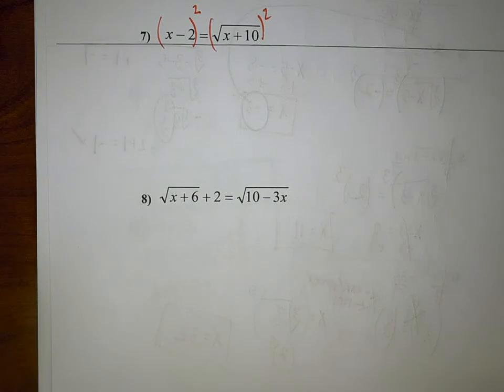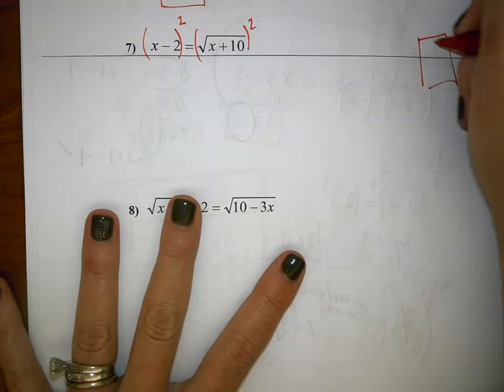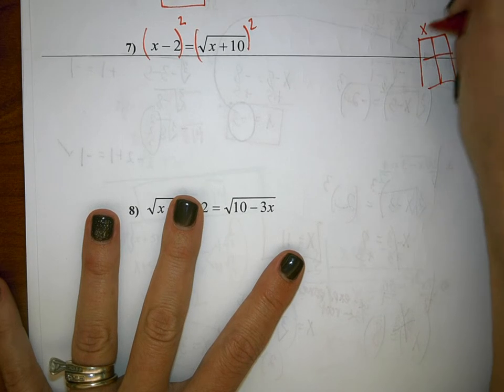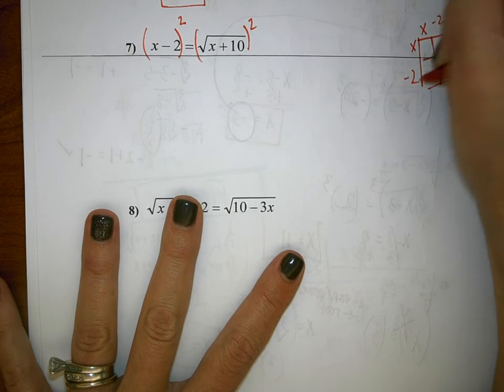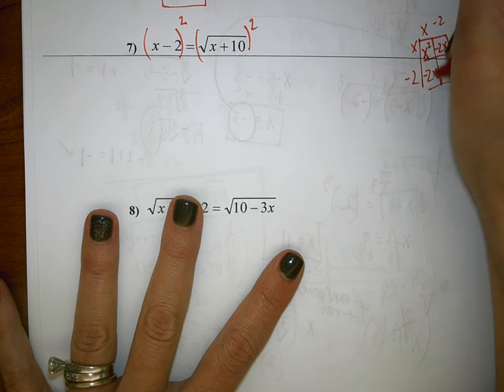You need to do your box or your FOIL method. So you might want to do a little side problem. If you want to do a box, do a box. Maybe some of you can do it in your head now. But we get x squared, negative 2x, negative 2x, a positive 4.